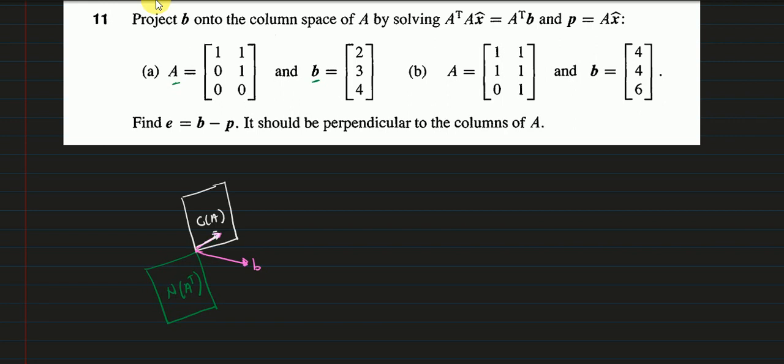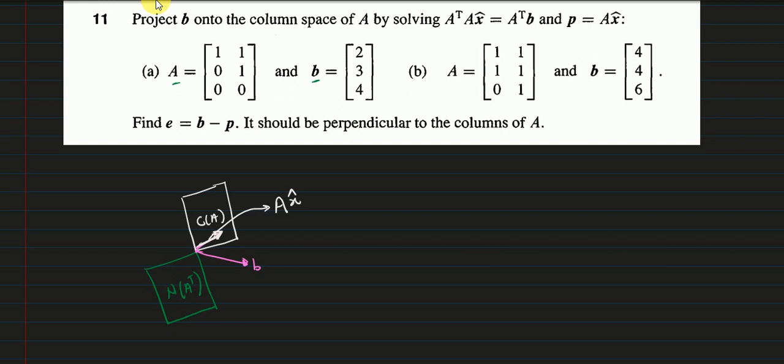Since this white vector is in the column space of A and it is the projection of B, it will be some combination of the columns of matrix A. So this projected vector will be a combination of the columns.